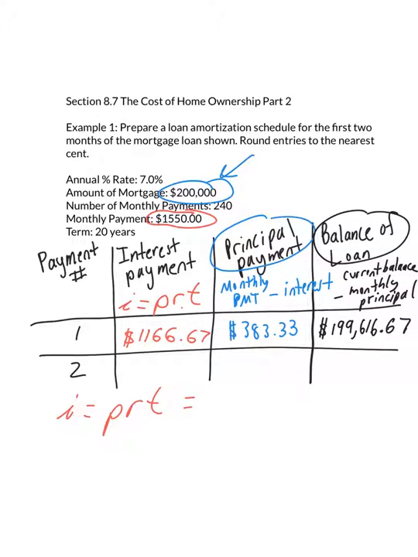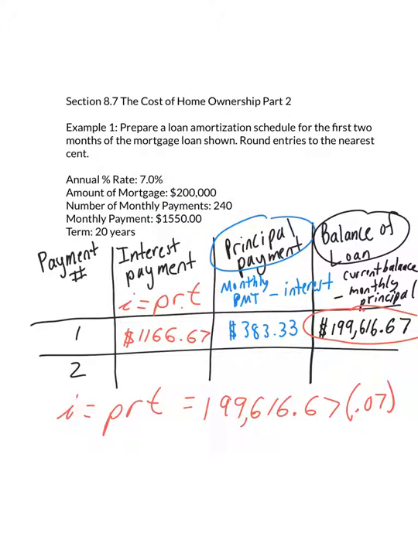The new principal amount, the new balance of the loan, was $199,616.67. So keep plugging your current balance into P, times the rate, which is still 0.07 because it was 7% converted to a decimal, times the time, which is always 1/12 in these types of questions because it's 1 month, and to convert to years, divide by 12.